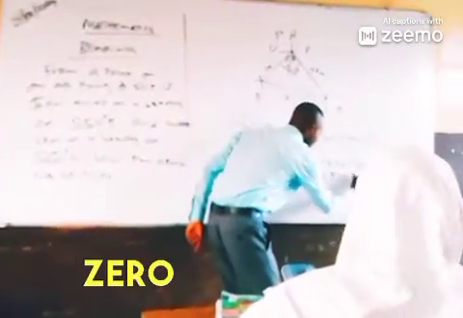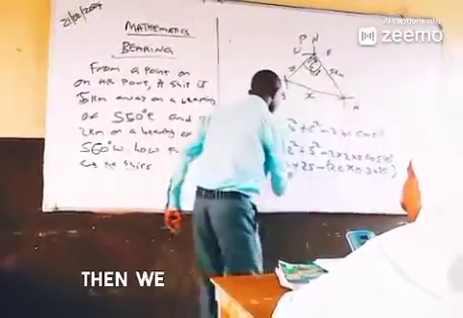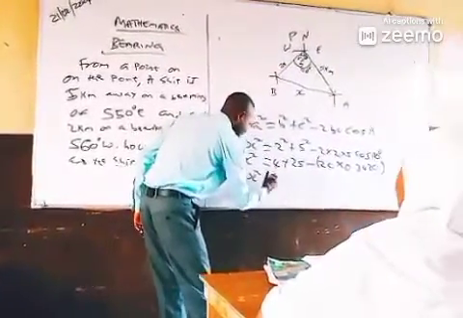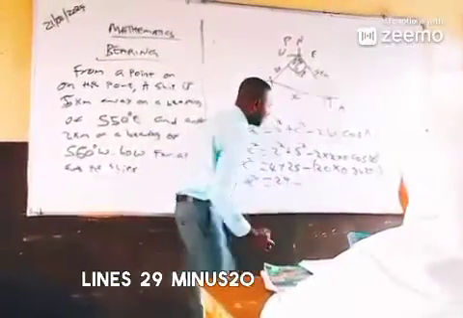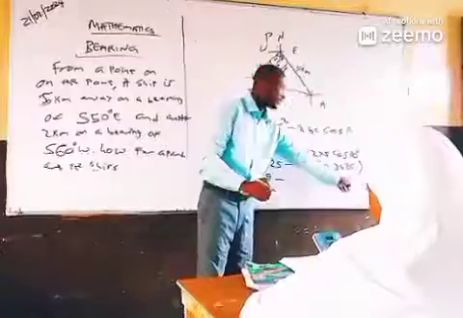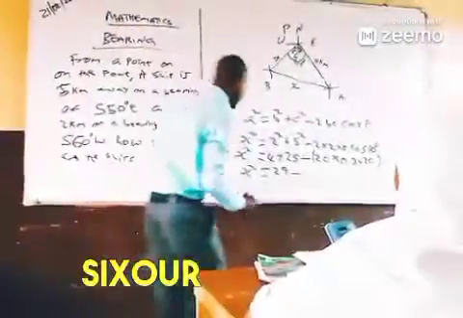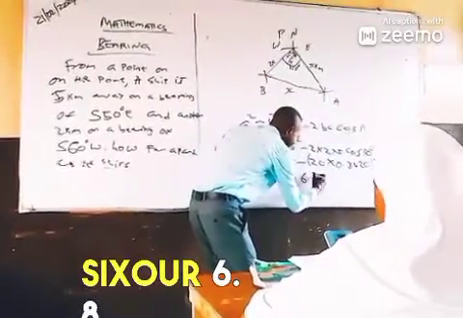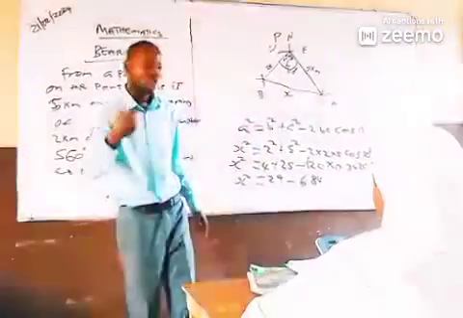Cos 110, what do you have? 0.3420, and the number after it is 2, approximately this. Then we have to join these two together. x squared is equal to 4 plus 25, that is 29, minus 20 times this, 20 times 0.3420, which is 6.84.